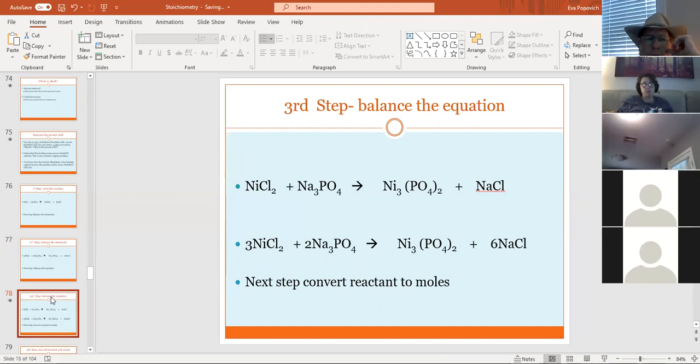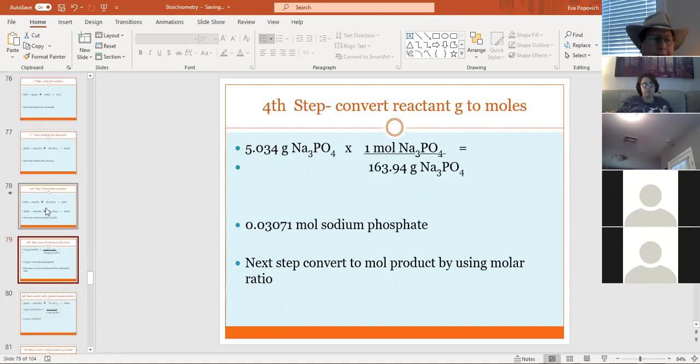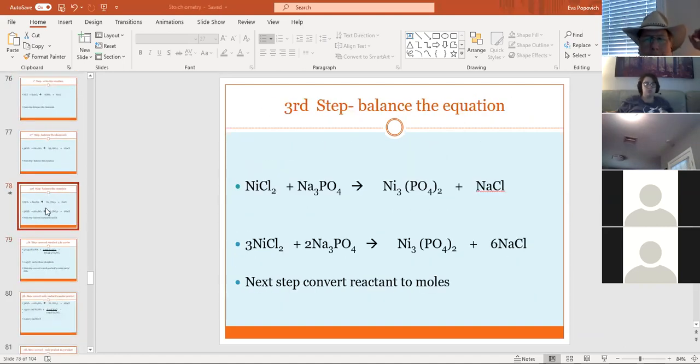Now, first step, I have to convert my reactant to moles. I have 5.034 grams of sodium phosphate. How do I get moles? You do 1 mole over the molecular weight.